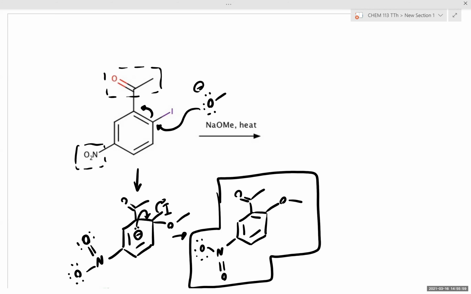Does that answer your question? If it's meta, you'd probably go through a benzyne intermediate, but it wouldn't be very clean. Any other questions on this example?